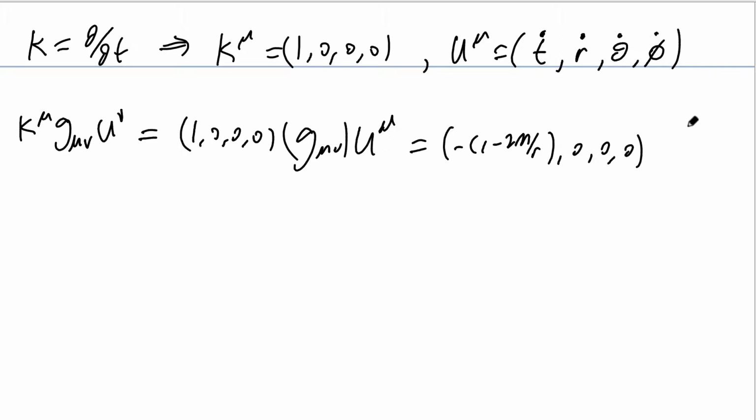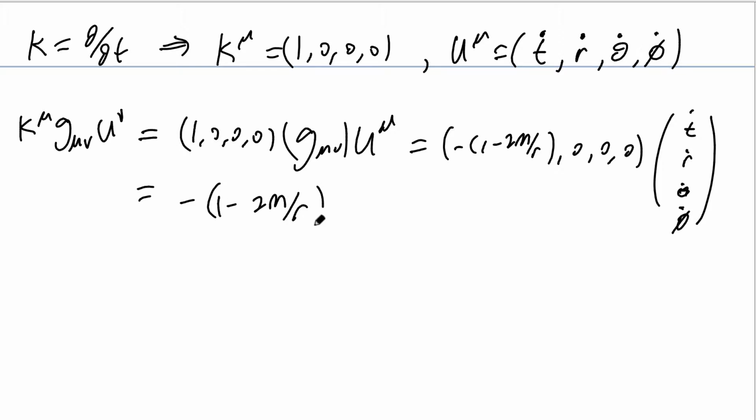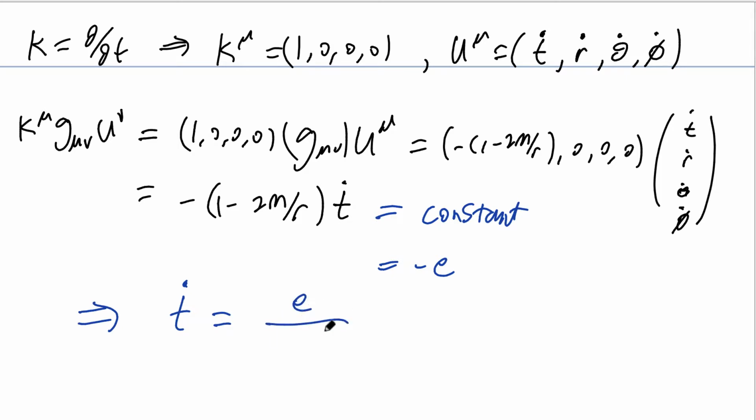And then multiplying by u, you can see this is equal to −(1−2M/r) ṫ. So according to our general result, this is a constant of the motion. We're going to let this constant be minus little e. So we have the result ṫ is equal to e divided by (1−2M/r).